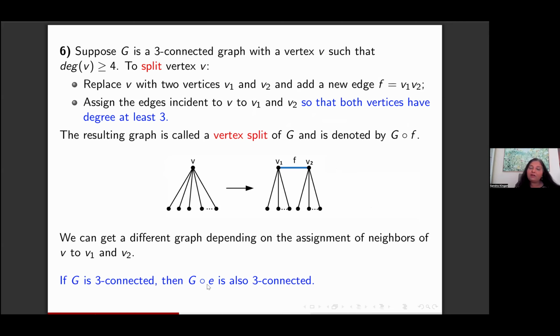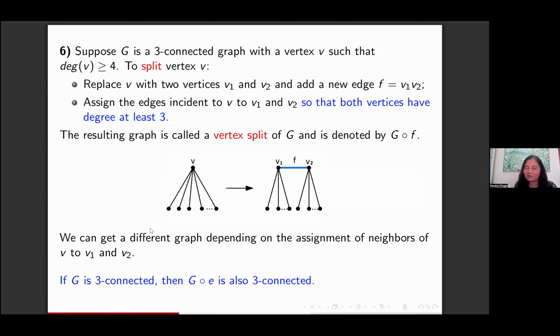The symbol of choice I've used is G∘E. There's actually no notation for vertex split in the literature. And so about 10 years ago, I made one up. I decided to call it G circle E. If anybody has a better notation, I'm happy to hear it, and we can always change to a better notation.